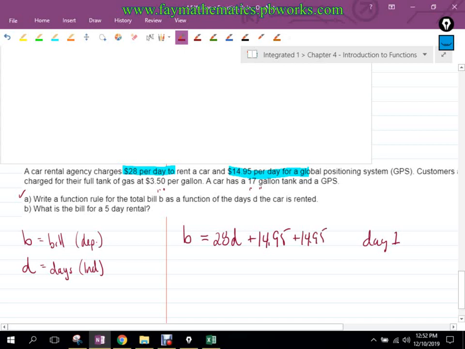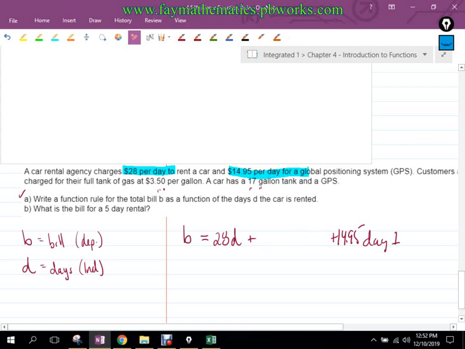Day 3, would you have another 14.95? So how many 14.95s I have is based on the number of days I'm renting. They're the same, right? If I'm on day 3, I have three 14.95s to pay. If I'm on day 10, I have ten 14.95s to pay.